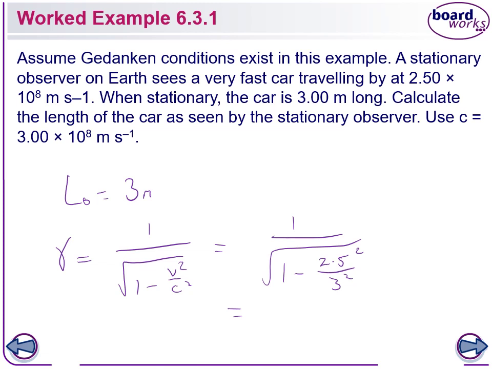All right, I get a Lorentz factor of 1.8. And I think that's what we got yesterday when we did a similar example at the same speed. So, a Lorentz factor of 1.8.